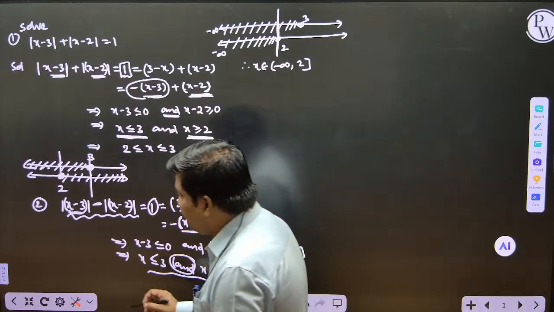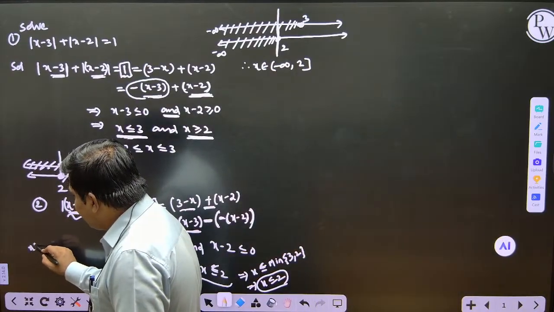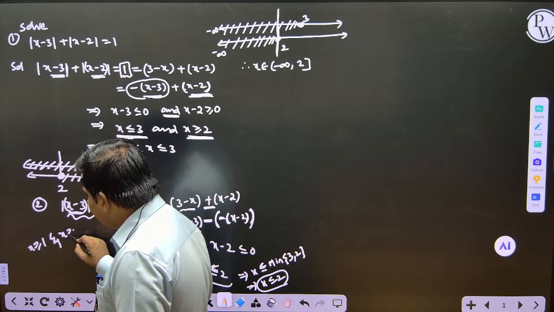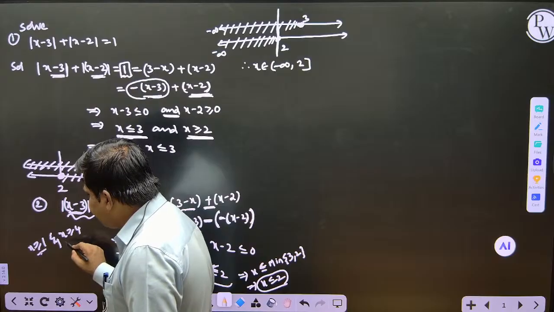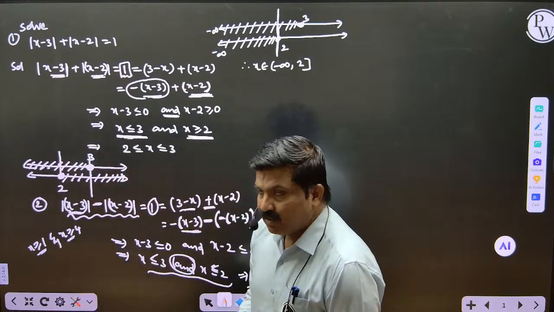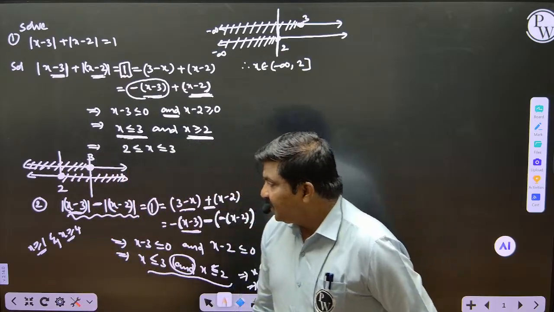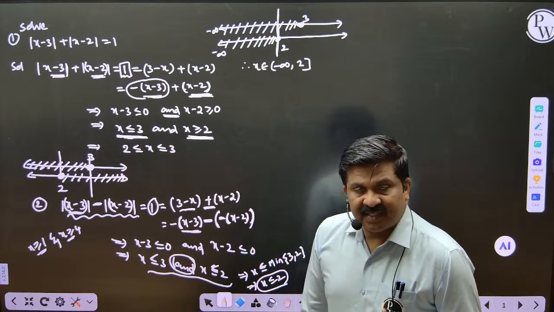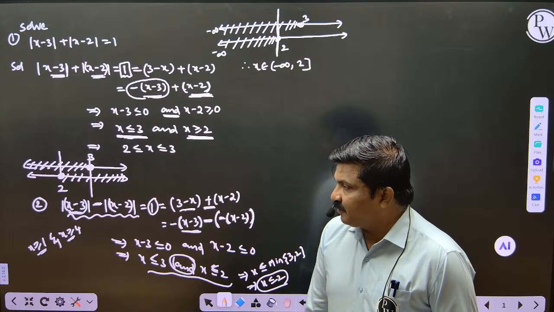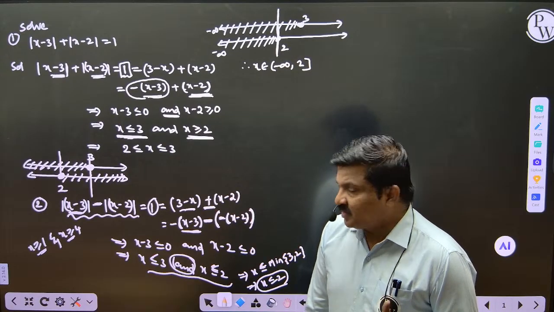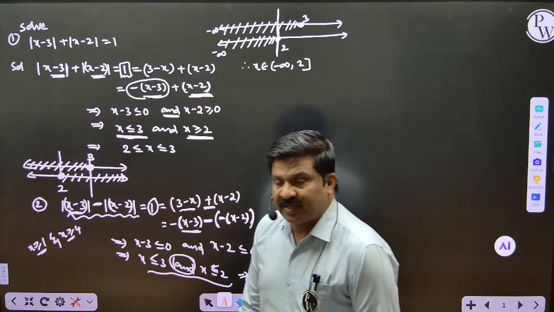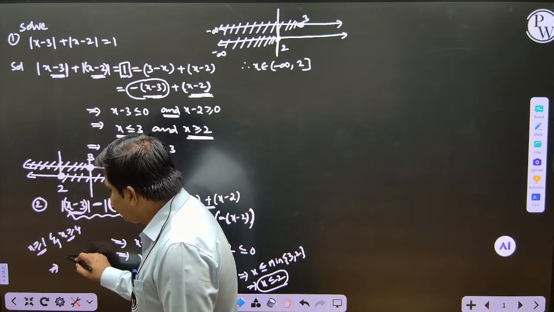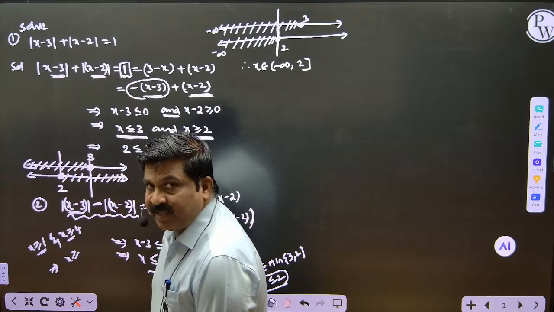For example, x is greater than or equal to 1 and x is greater than or equal to 4. Here the inequality is greater than or equal to type. If both the inequalities are greater than or equal to type, then the resultant is also greater than or equal to type.